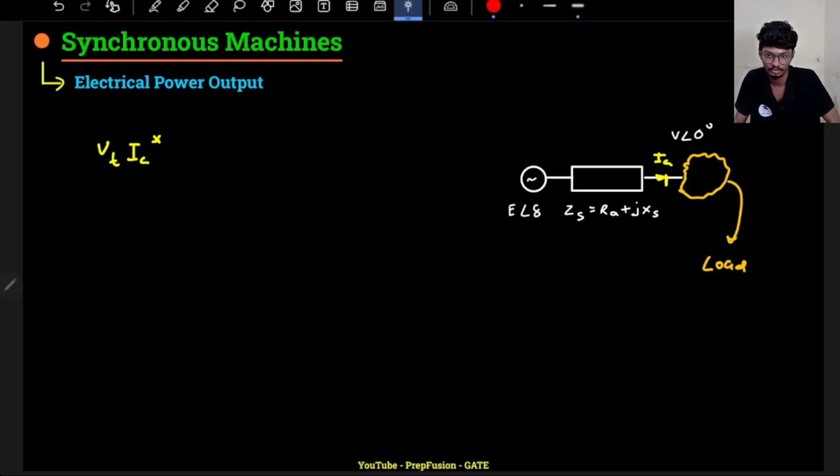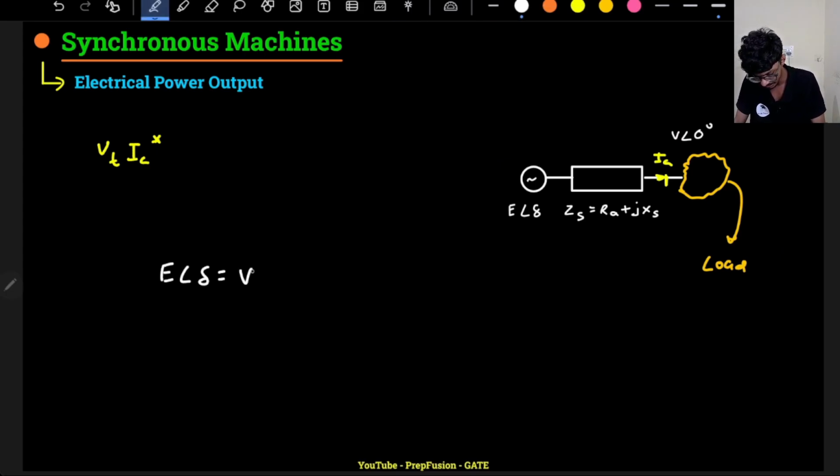What will be Vt Ia conjugate? One thing I know is E angle delta, which will be again the same KVL equation: Vt angle 0 plus Ia in vector format into Zs in vector format. What is Zs?